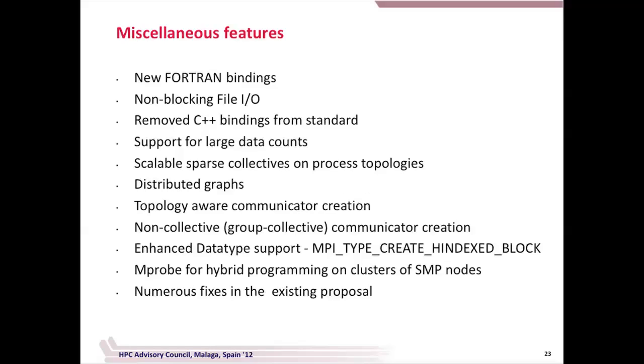Any quick questions here before we move? Yes. We probably have a more general discussion on MPI-3, but what does it mean that the C++ bindings have been removed from the standard? You have new Fortran bindings, but you say you removed the C++ bindings.